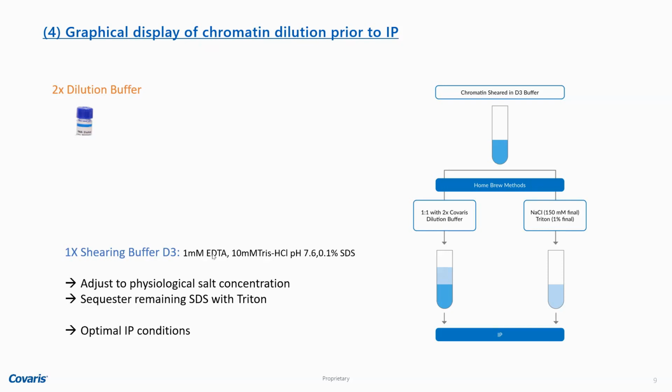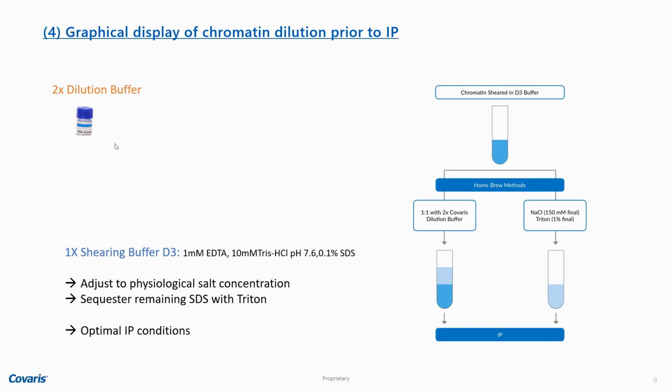And as you can see, this buffer doesn't have physiological salt concentration, which is required for the antibody for proper IP. Therefore, you should adjust your sodium chloride concentration to 150 millimolar, a physiological salt concentration, and you should add Triton in order to sequester the remaining SDS.